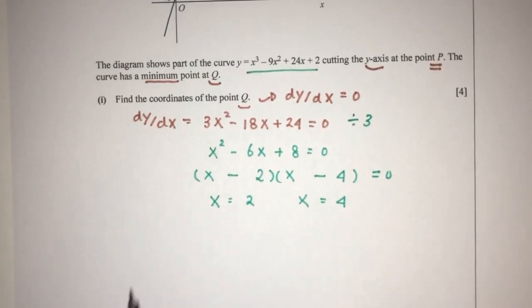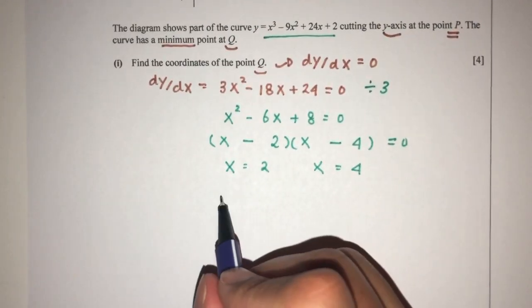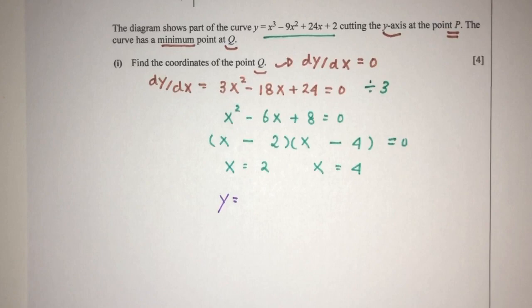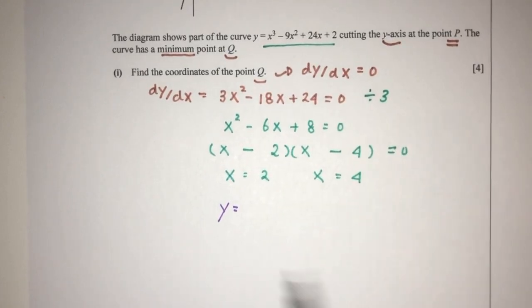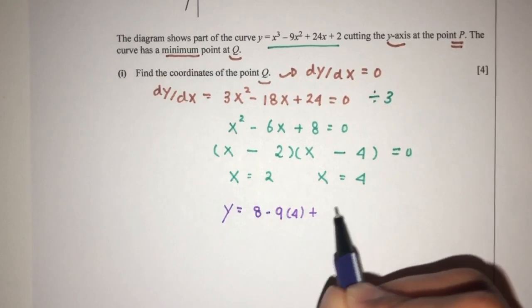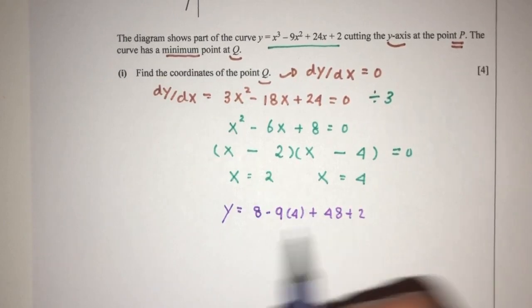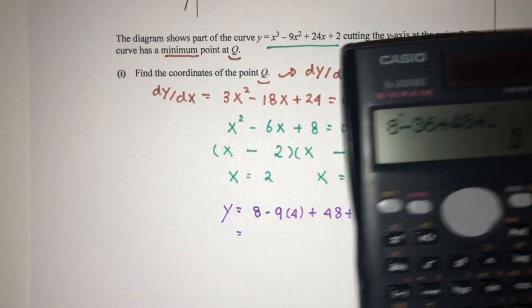Now, the point Q is, well, let's see. So we have 2 possible answers. Let's find the corresponding value of y. Y will be, replace back in your equation here, 8 minus 9 times 4 plus 48 plus 2. 8 minus 36 plus 48 plus 2.